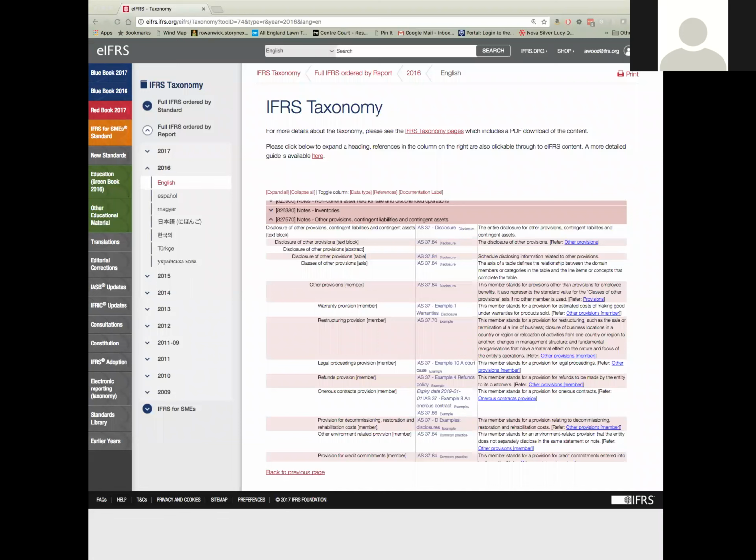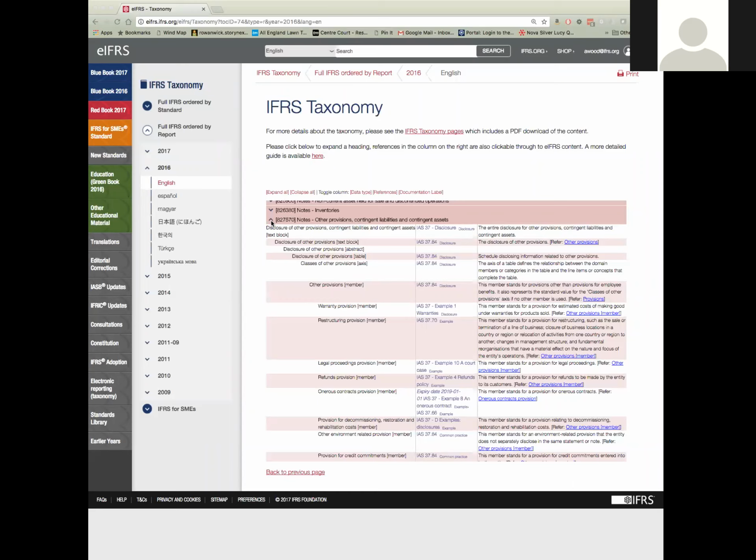Another thing that I wanted to raise that I think might be causing people some issues is related to the way that the IFRS taxonomy specifically refers to and describes IFRS reporting. Now, we know that there's been quite a lot of work recently with converged standards and with the boards working together. However, it's still the case that there are a number of differences between US GAAP reporting and IFRS reporting.